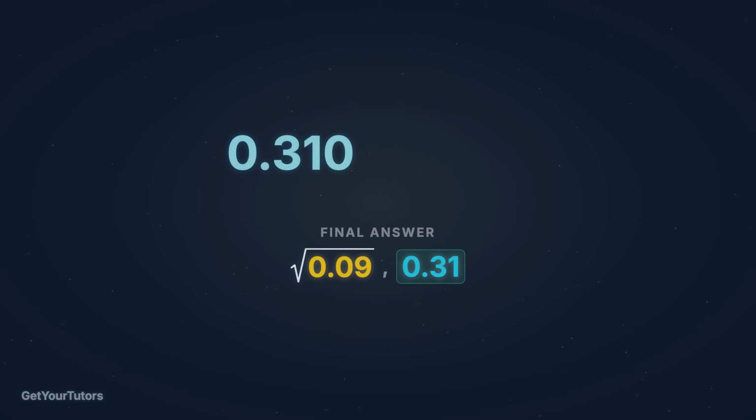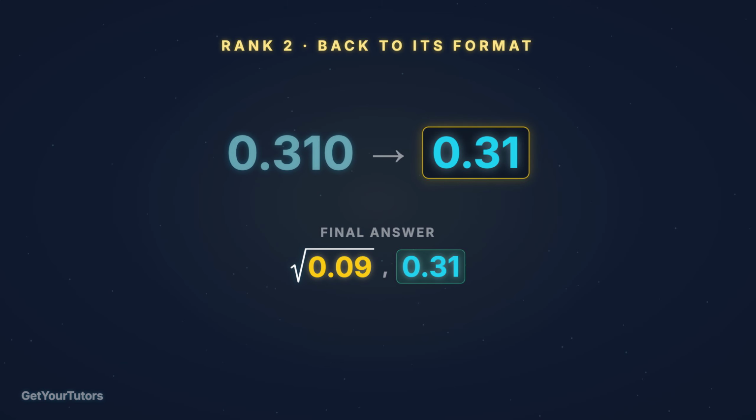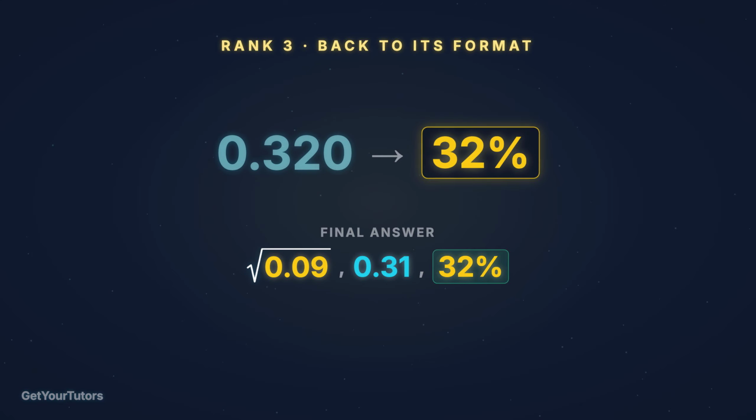Write the square root of 0.09 first, then write 0.31, which was already a decimal. The third rank was 0.32. You must write this as 32% on your final paper.